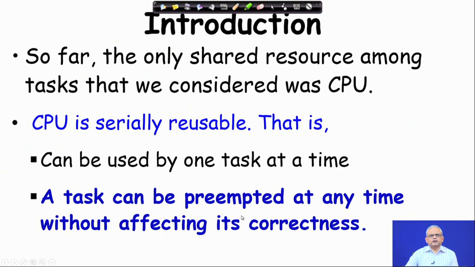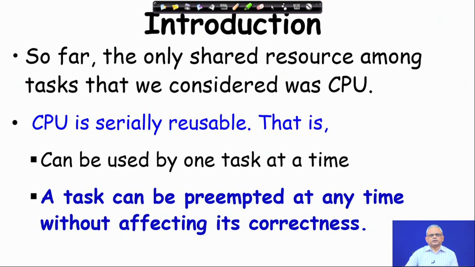Or in other words, even though CPU can be used by only one task at a time, when we have a higher priority task, we can always preempt a lower priority task and later run the task from that point where it was preempted, and still our results will be correct.